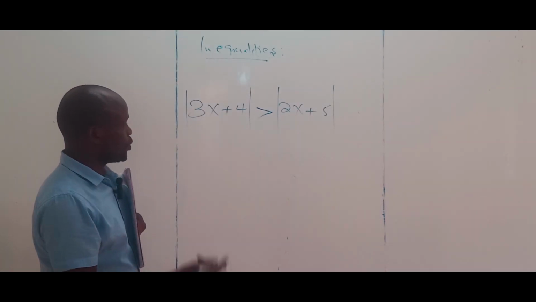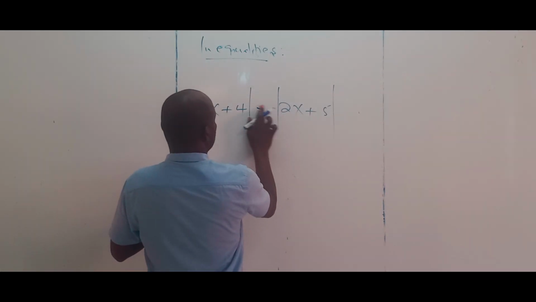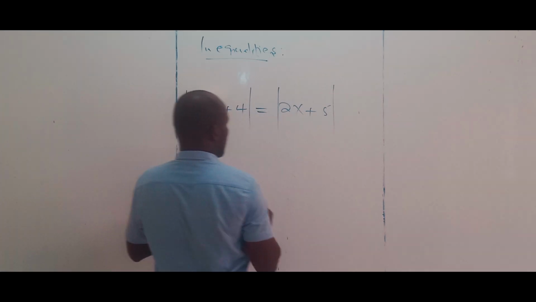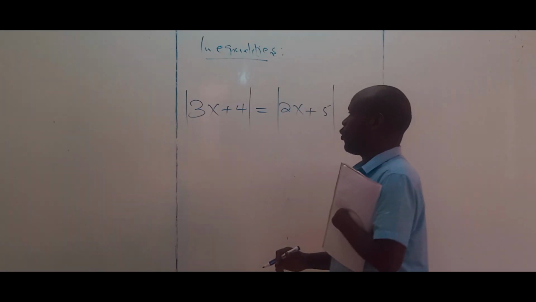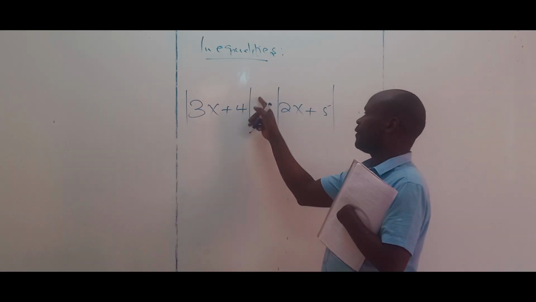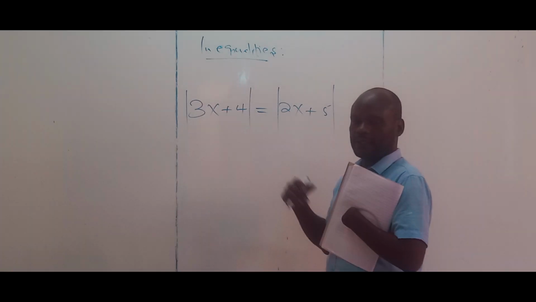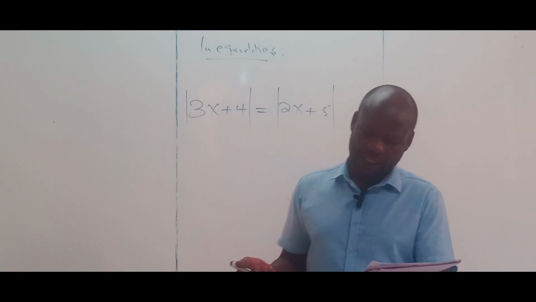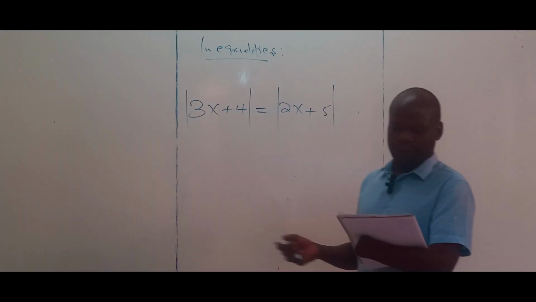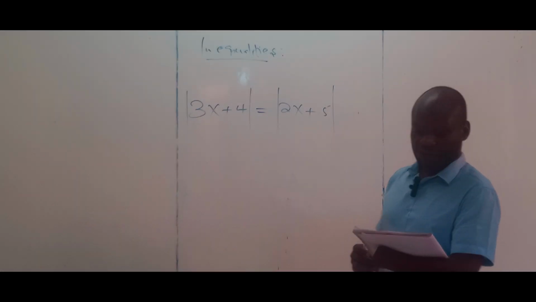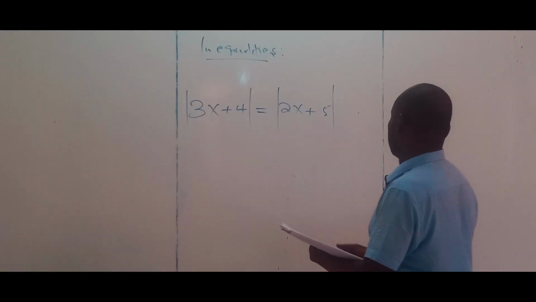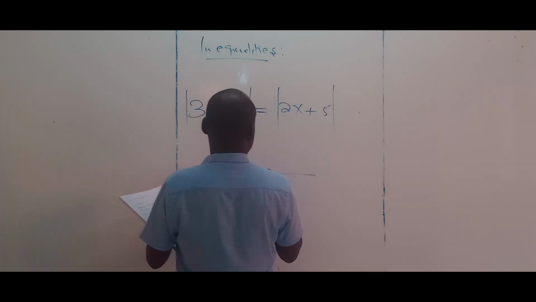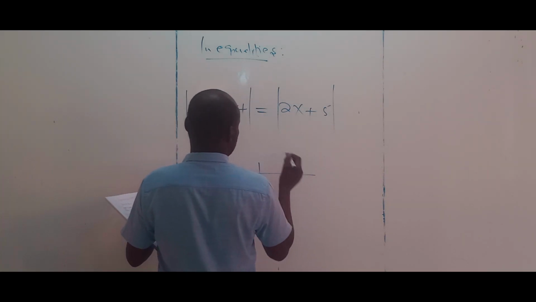So let's try to explore the original example that I've given, which is this equal to that. And we'll see again why I call it an inequality while we have this equal sign in between them. Just like I said, imagine yourself tracking your distance from a starting point, which is the origin.